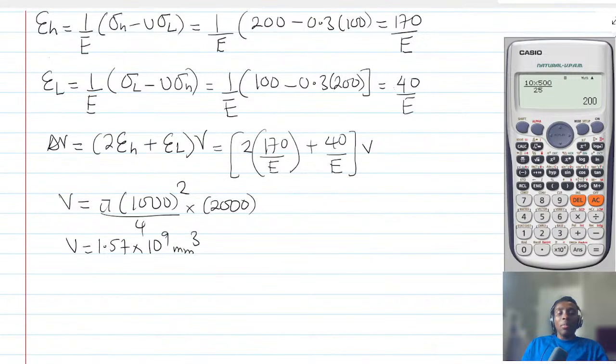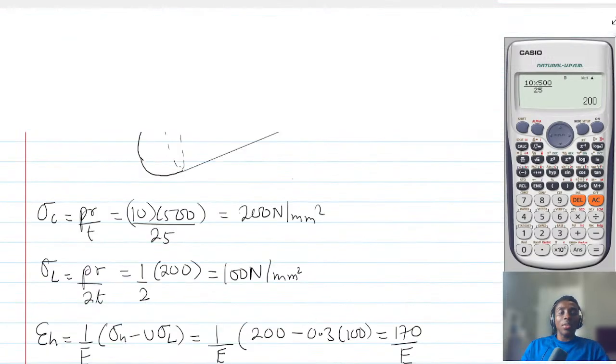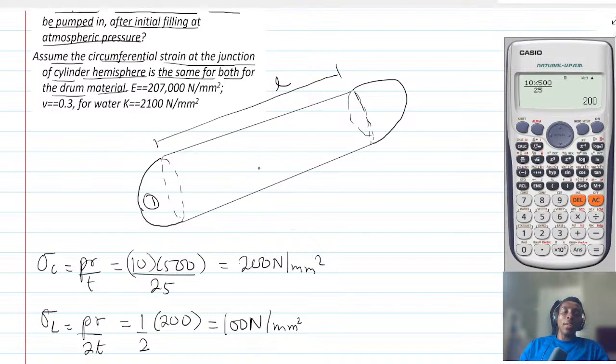All right. But then this is what we are trying to do. Essentially, we have to calculate the total volume of water that must be added. But think about it this way. We have 1, 2, 3.